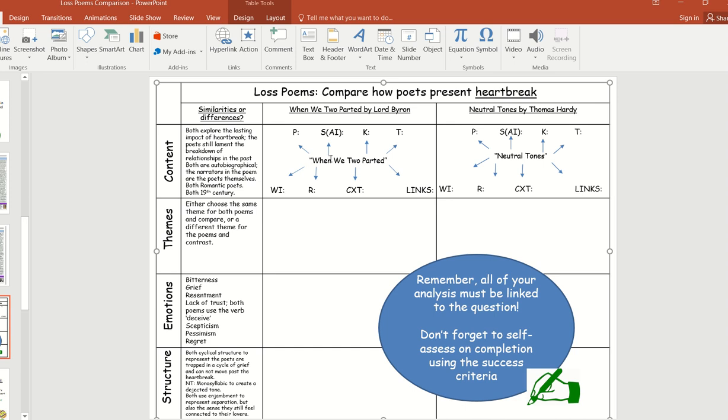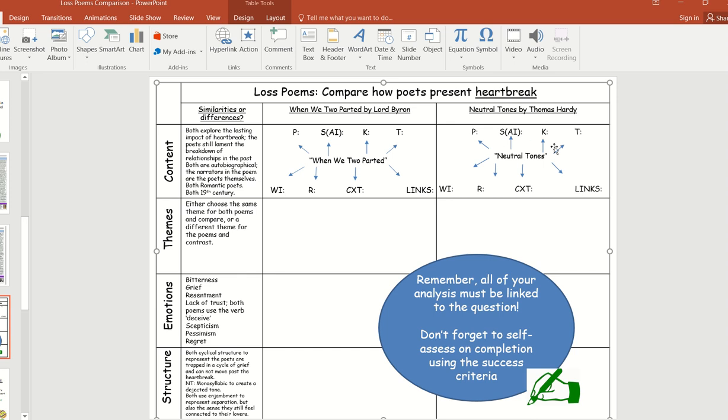And then the ends of the poems flip to the present tense, where both of the poets are still expressing that pain is still as strong and they are still trapped in that heartbreak and they can't move past it, okay? So when we're thinking about 'when', that's really important in terms of the timings of both poems. And in terms of our link, we would say that that is similar because 'Neutral Tones' is also very negative, and it's also in relation to heartbreak and a relationship ending.